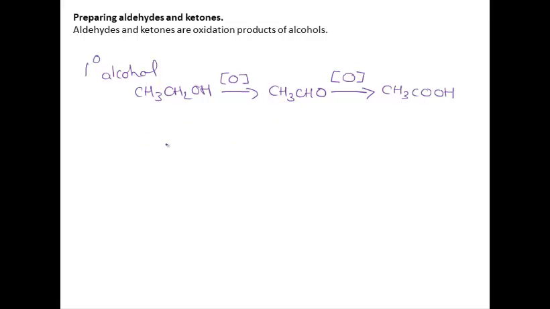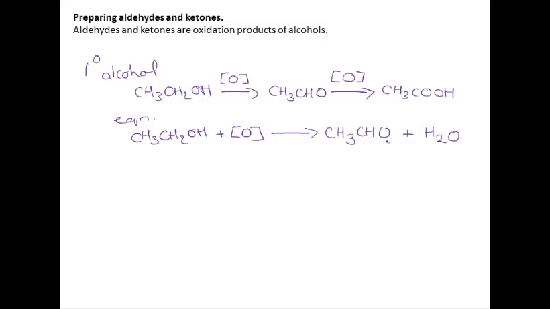If we're going to write an equation for this, we represent the oxidation and the oxygen that's doing that with square brackets and an O. And here we end up with H2O. Check that that's balanced. One there, one there.